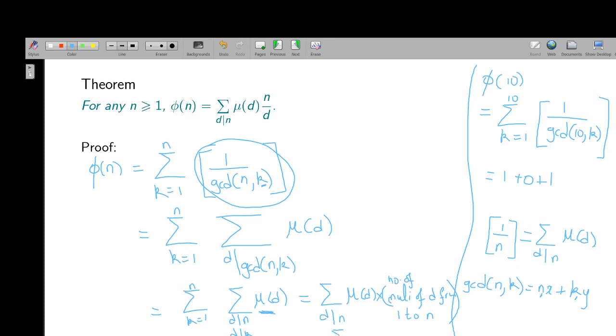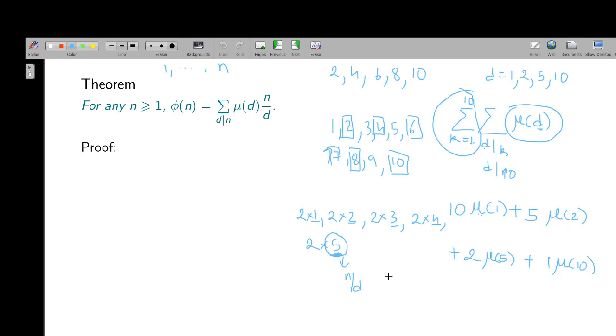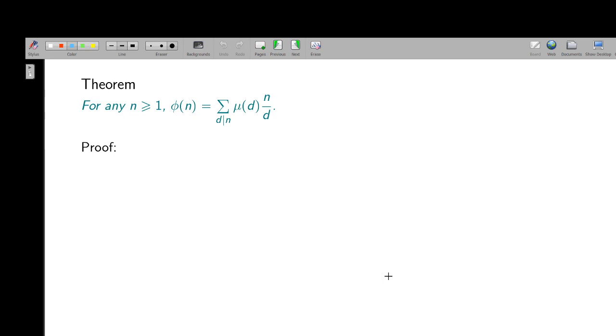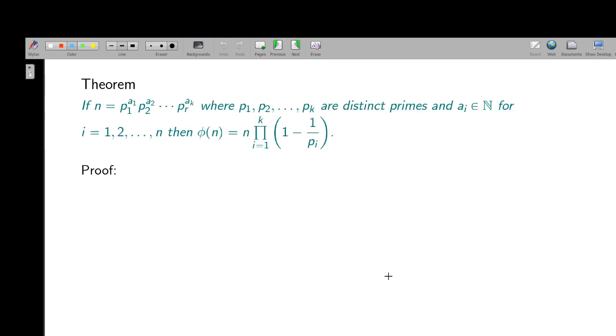So this gives us the summation over d dividing n of mu of d times n by d. That proves our statement. Okay, if you have not yet got it, you can have a look at the proof again, and I'll put it up.